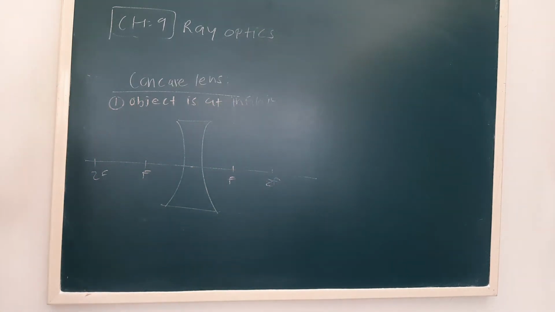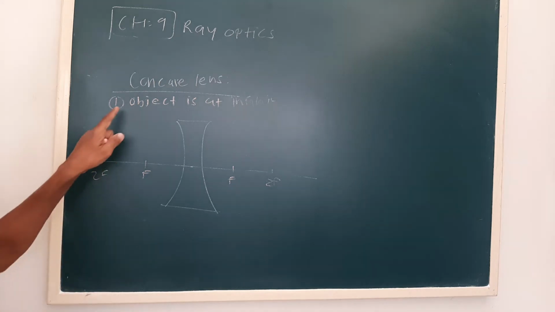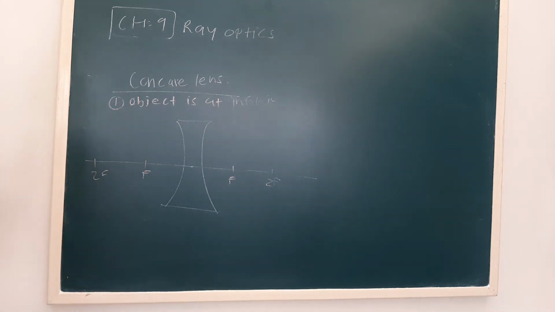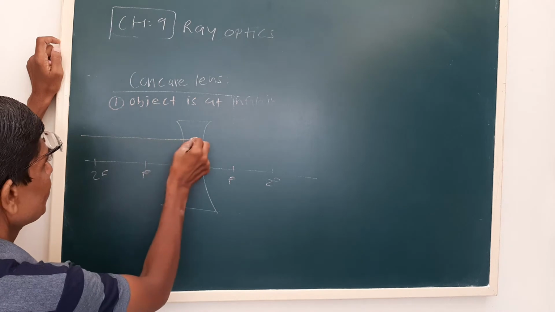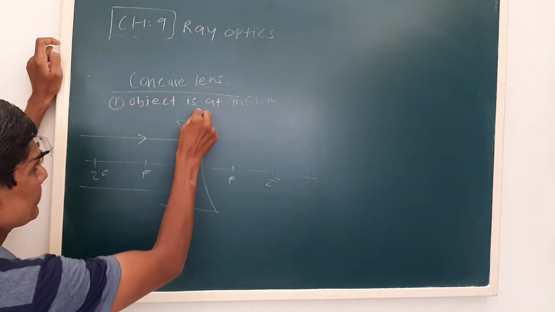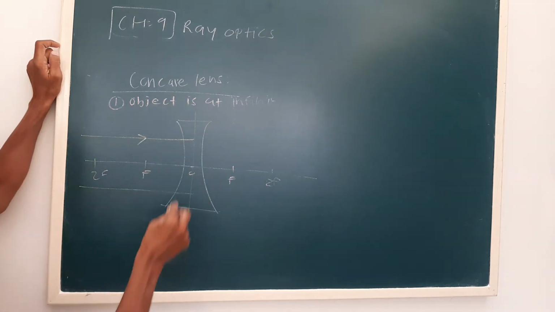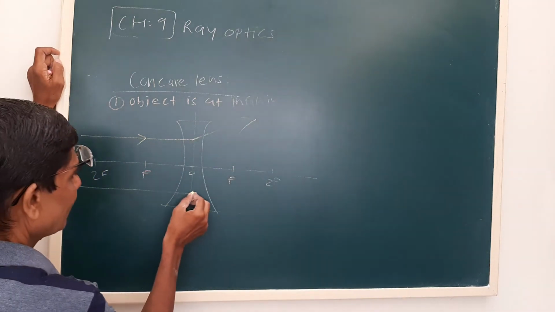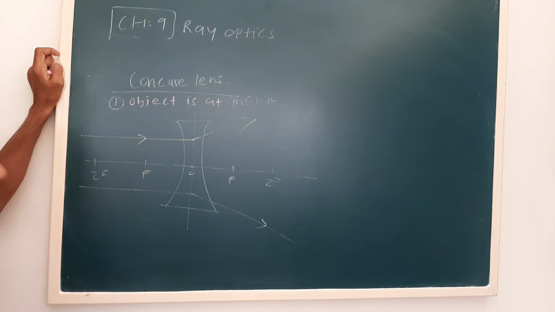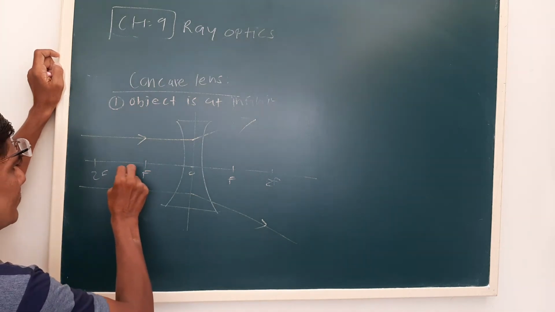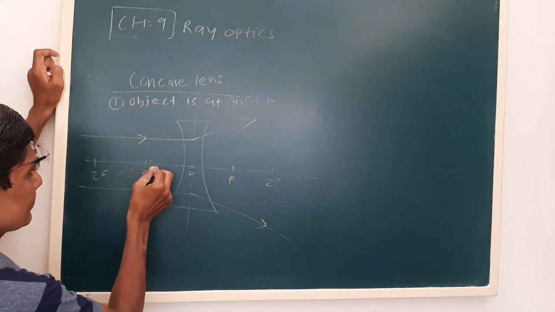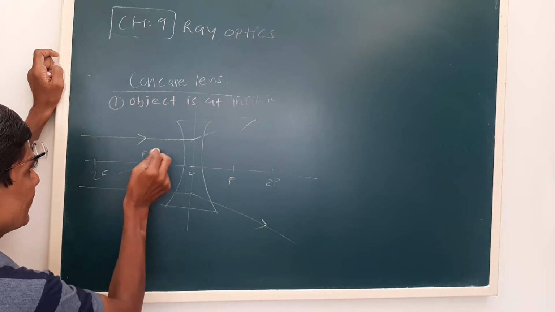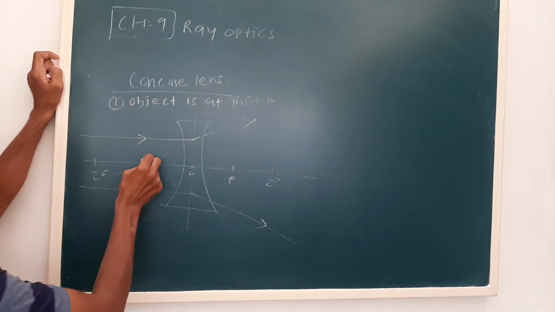Now see here, the object is at infinity, so we consider the rays parallel to the principal axis. Now this is the optical center. It is a diverging lens, so the rays will move apart. But if I extrapolate or produce them back, they meet at F. So here the image will be formed.